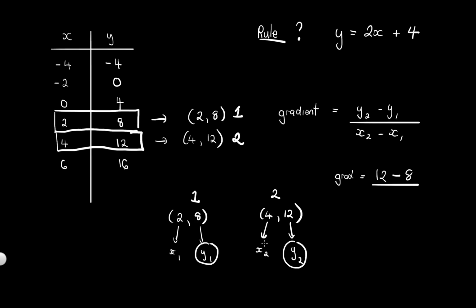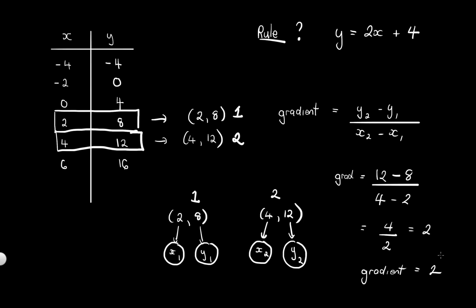Well, here's x2, that's 4, and x1 is 2. So it's 4 minus 2. Let's simplify this. 12 minus 8 is 4, 4 minus 2 is 2, and 4 over 2 is 2. So our gradient equals 2. And that's what we suspected.